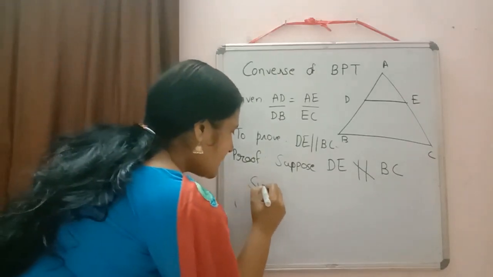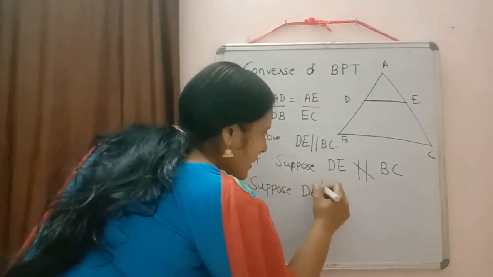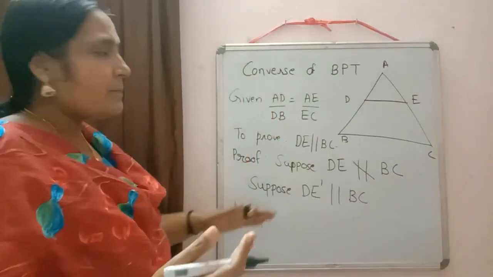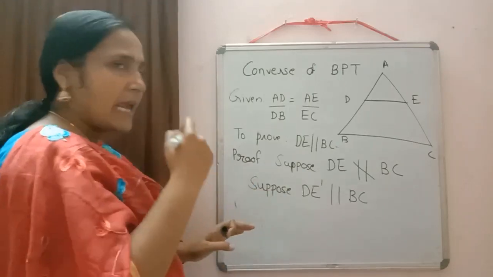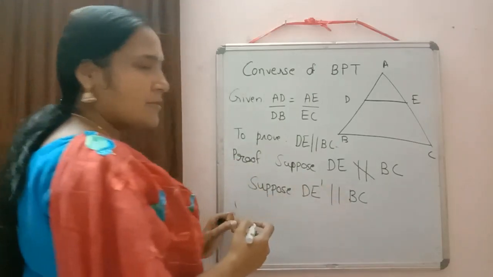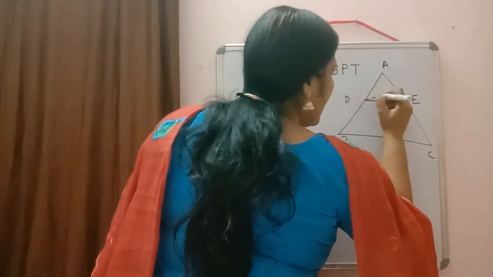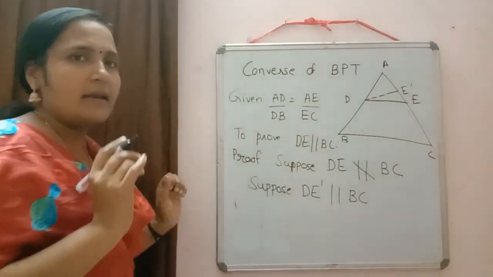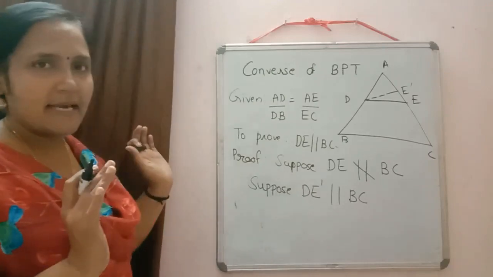So we suppose DE dash is parallel to BC. We are assuming that another line is there which is parallel to BC starting from D only. So I am drawing a line here, DE dash, which is parallel to BC.